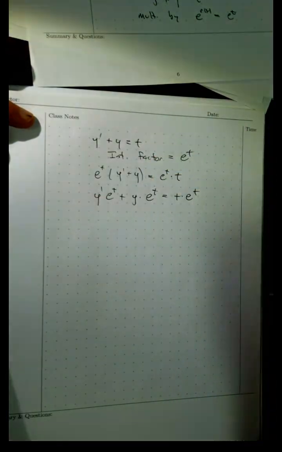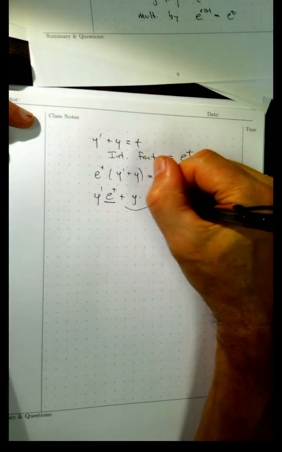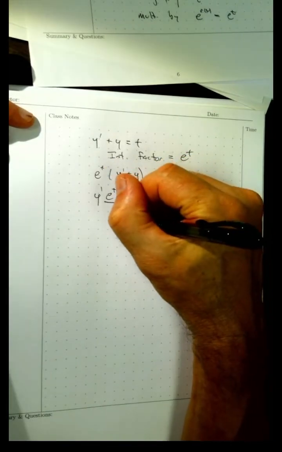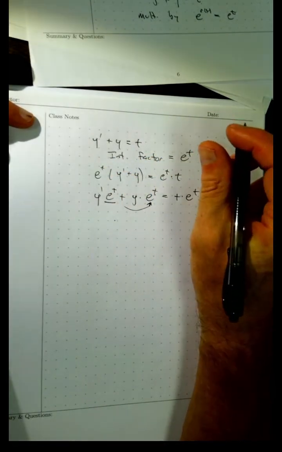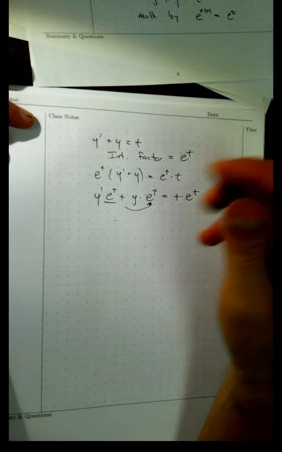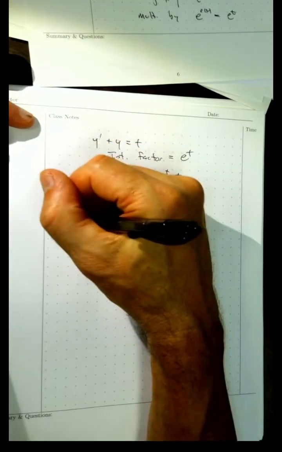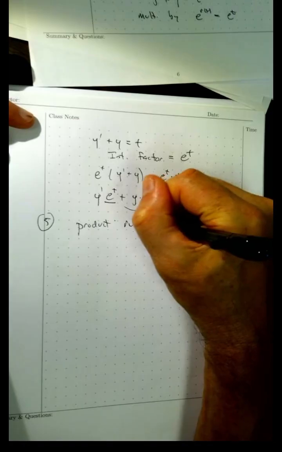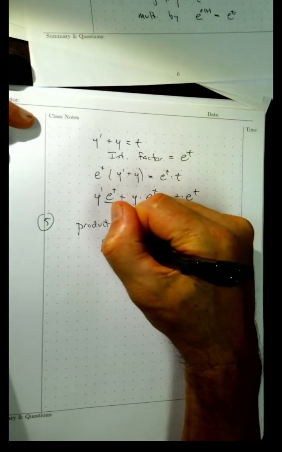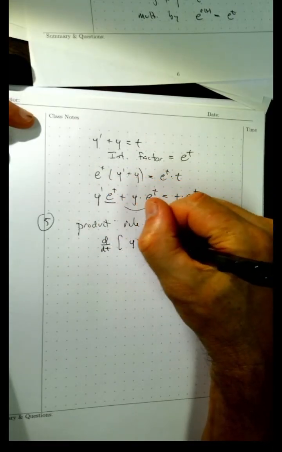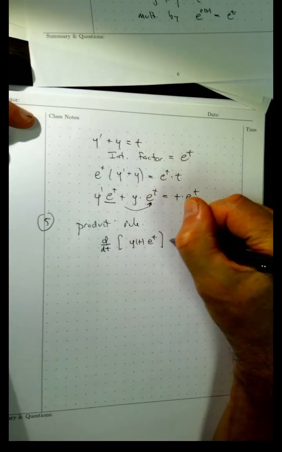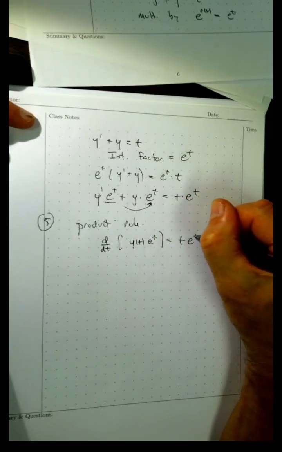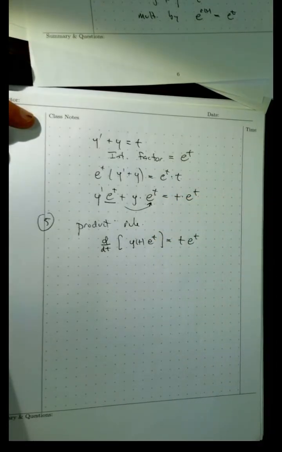And notice the derivative of that is right there. Okay. So by the product rule, the left-hand side is y of t times e to the t, and it's going to be equal to whatever the right-hand side is.